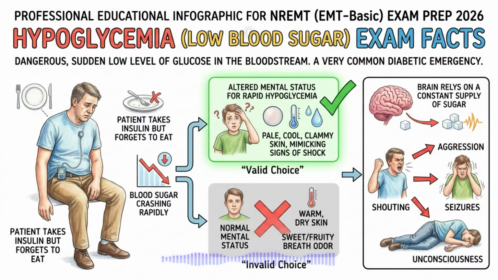A hypoglycemic patient will present with an altered mental status, and their skin will be pale, cool, and clammy, mimicking the signs of shock. Because the brain relies entirely on a constant supply of sugar, a rapid drop can lead to aggressive behavior, seizures, and unconsciousness in a matter of minutes.